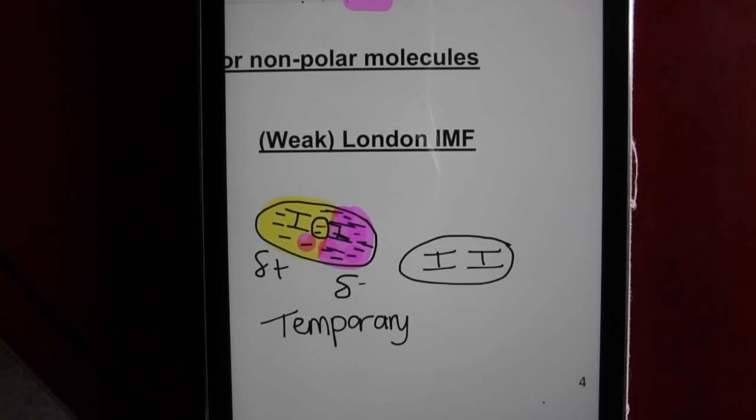But while it's there for the split second, on this side, in this other molecule, the negative side of this molecule is going to repel electrons over to that side, which means now electrons are going to be on this side more than on that side, and this side of my molecule will again be delta positive.